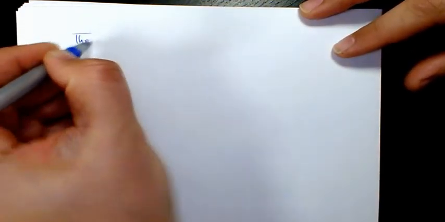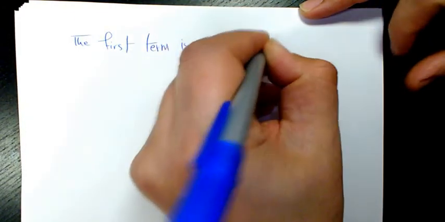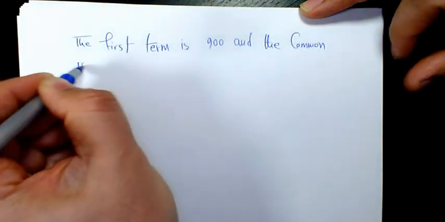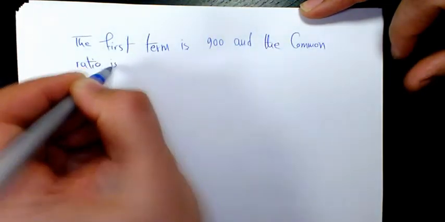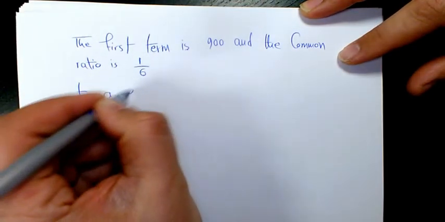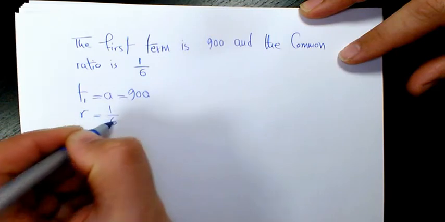Next one, the first term is 900, and the common ratio is 1/6. So T1 or A is 900, ratio r is 1/6.